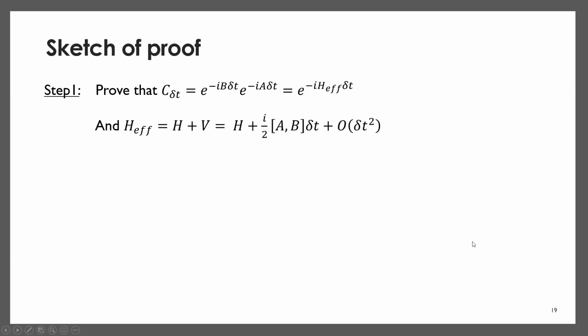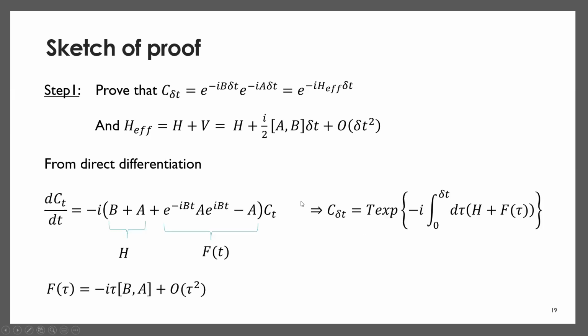So now for the first step, where we want to show that the circuit that approximates the evolution can be generated by this effective Hamiltonian. We first do a direct differentiation on the circuit C delta T and show that it can be written as the time evolution of a time-dependent Hamiltonian, where T exponential here is the time-ordered exponential.